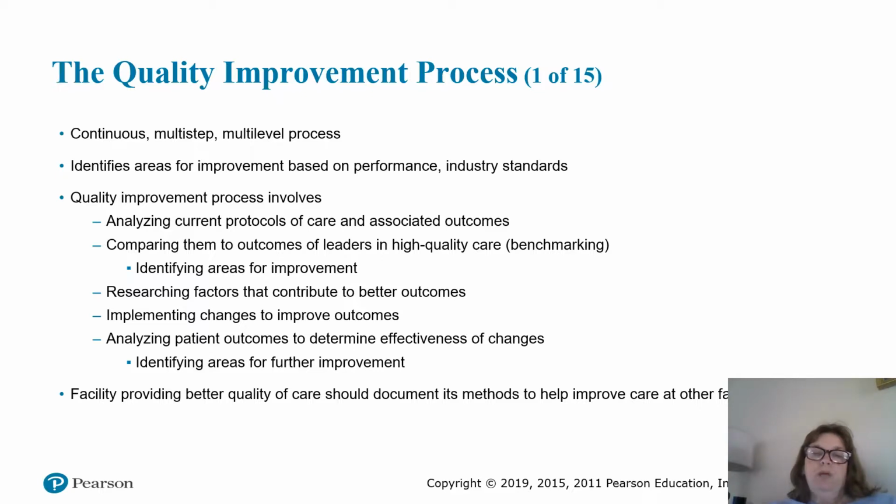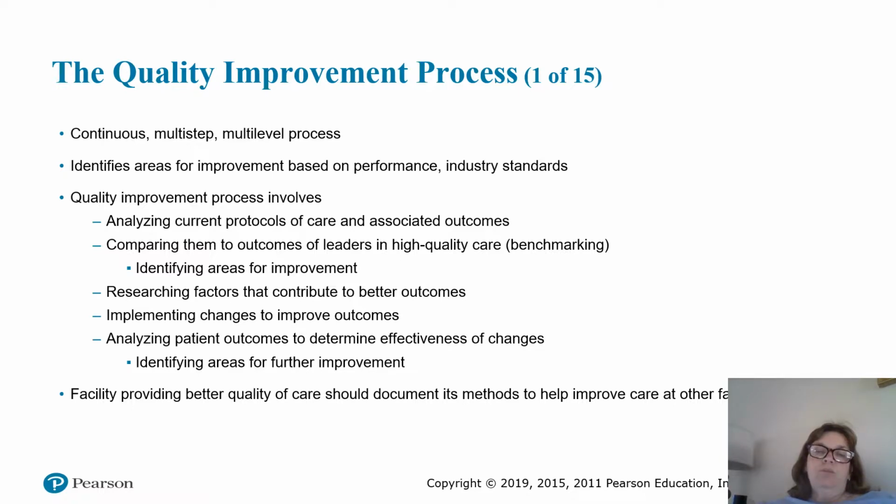The quality improvement process involves analyzing the current protocols of care and the outcomes, comparing them to outcomes of high quality care, which is called benchmarking, identifying areas for improvement, researching factors that contribute to better outcomes, and implementing changes to improve outcomes. And that's sometimes where there's some resistance, because as nurses we're often resistant to change.